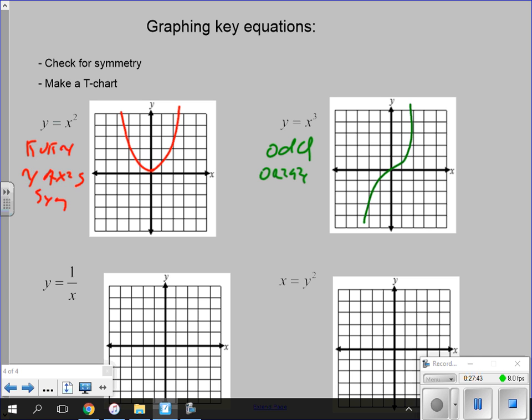This would be odd, right? Odd is symmetric about the origin. And if you look at the graph, it kind of makes sense. If I were to rotate this 180 degrees, I get the same thing. So this one would be odd, which means it's symmetric about the origin.